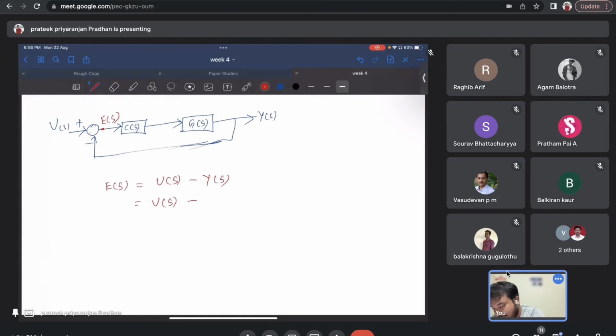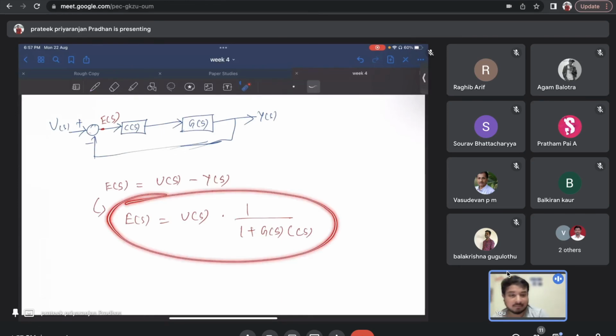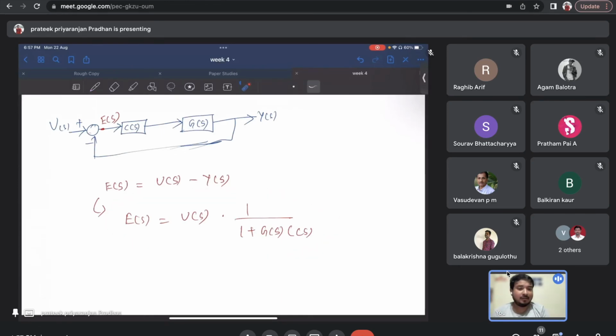Because of the time, I'll just write e of s as u of s whole into 1 by 1 plus g of s into c of s. You can verify this expression with simple manipulation.